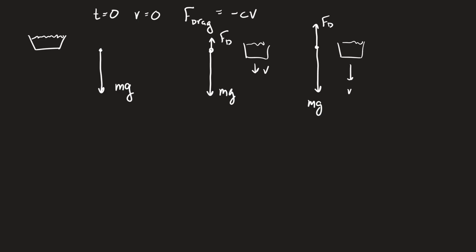But at the end, I am going to reach a steady state condition where the drag force and the weight will be balanced. At this moment, the acceleration is 0 and the velocity is constant.